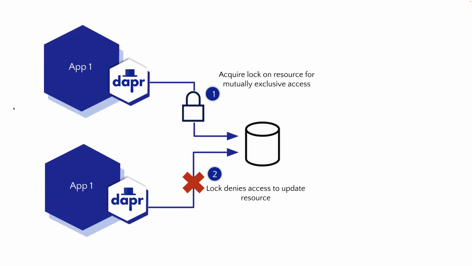So in this example here, we have two instances of the same Dapr application. They both have a Dapr sidecar, and they're both trying to lock on a resource. Now, this is, of course, a concurrent lock. So the first application that basically reaches the database will acquire the lock on the resource and get it.